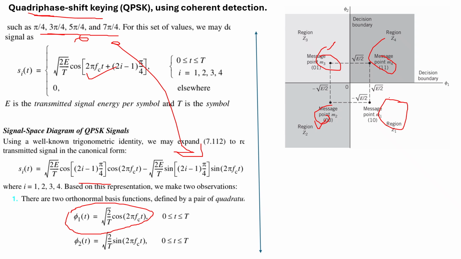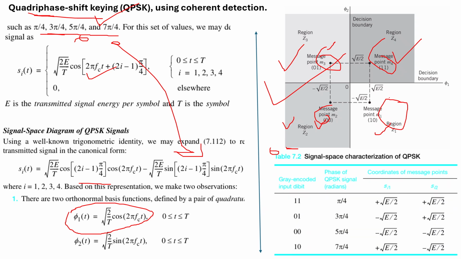It has four phases, so that is why this is called quadri-phase, that is four phase, right? And of course these will have the patterns of 0 0, 0 1, 1 0, and 1 1, 2 bits. So here we are using 1 1, here we are using 0 1, and this is your 0 0 and 1 0. So we have the 2 bits of patterns, okay?